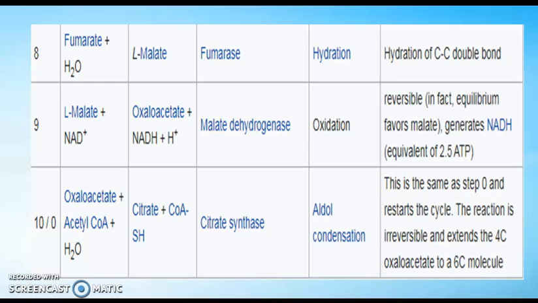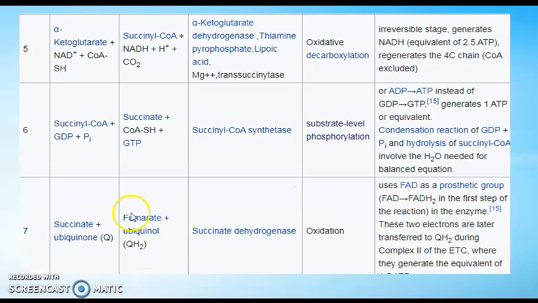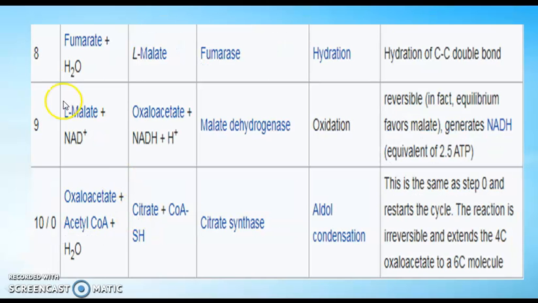Next, what is the last product which is formed from succinate? Fumarate. The fumarate, in the presence of the enzyme fumarase, in a hydration reaction, forms L-malate.